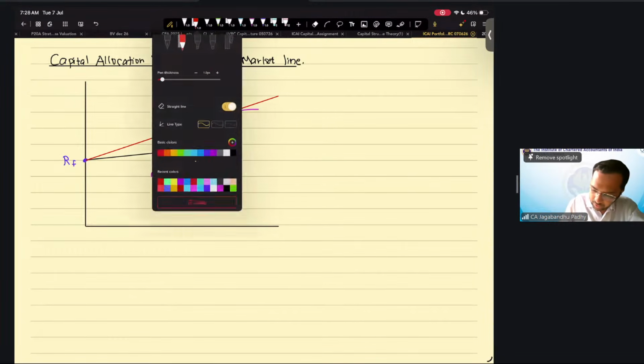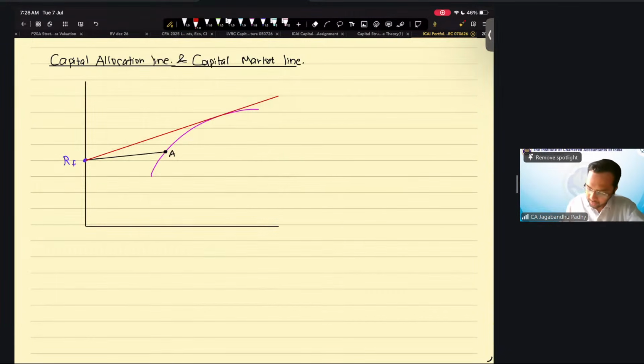So this particular line is a combination of risk-free security plus the security at the point of tangency. And this new line, which you create by combining risk-free and the security at the point of tangency, is what we call the capital allocation line.